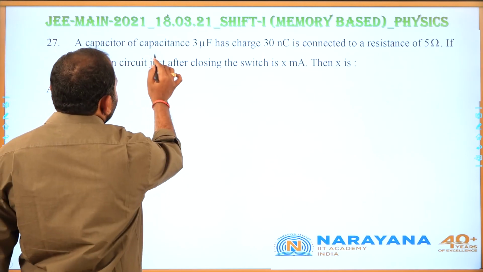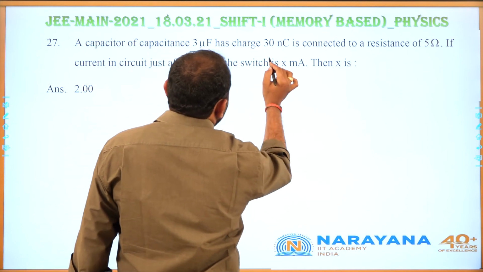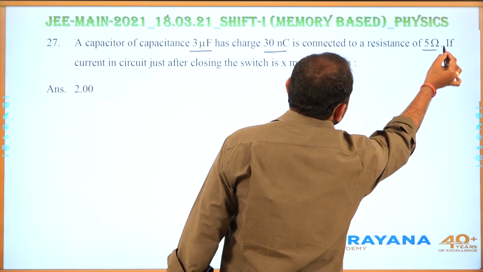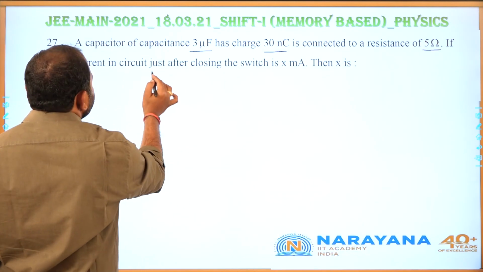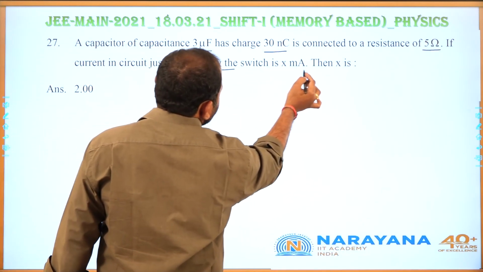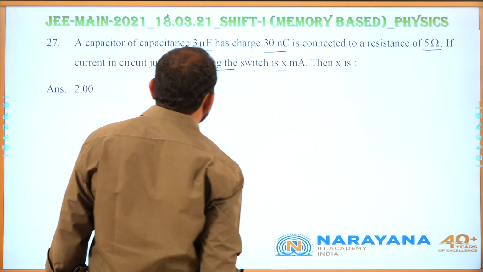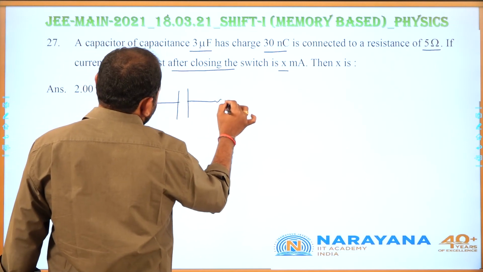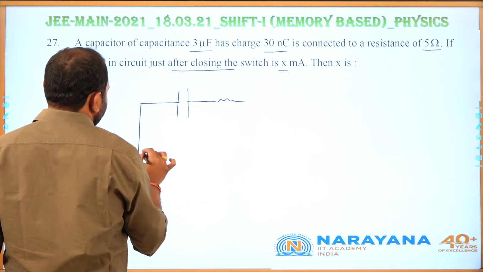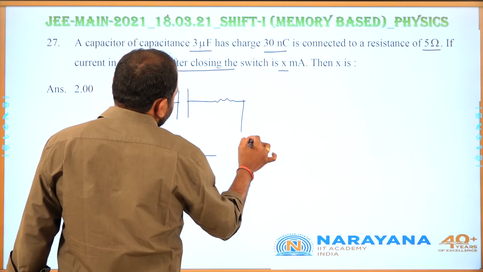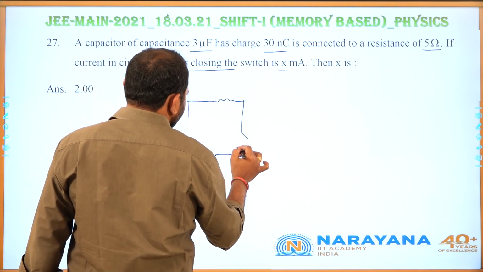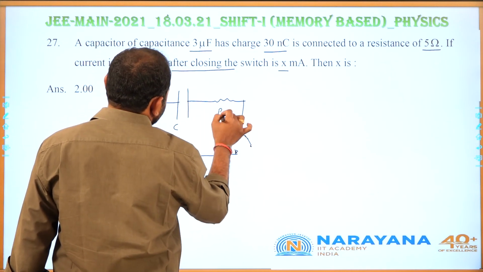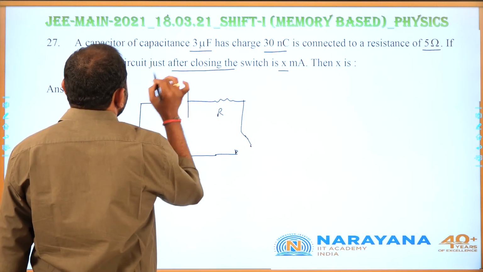A capacitor of capacitance 3 microfarad has charge 30 nanocoulomb and is connected to a resistance of 5 ohm. If the current in the circuit just after closing the switch is x milliampere, then x is. It is just a discharging RC circuit. Simply just after connections are made, this is capacitance C, resistance R having initial charge Q naught.